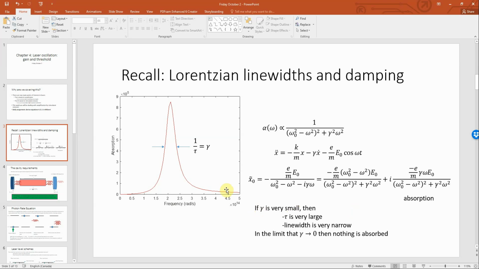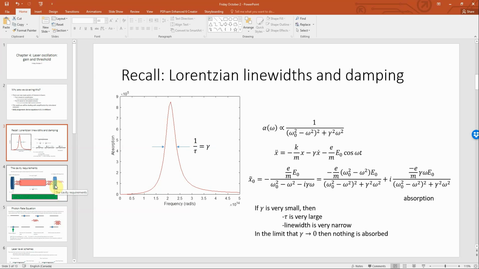So if gamma is very small, approaching 0, then this line width is very, very narrow, and that also means the state is extremely long-lived. In the limit that gamma goes to 0, this becomes a delta function, and unless you're exactly on resonance, you won't get any absorption at all and nothing will happen.